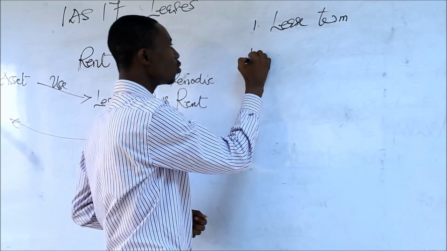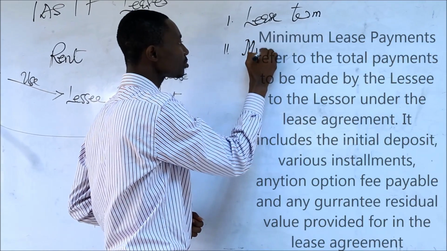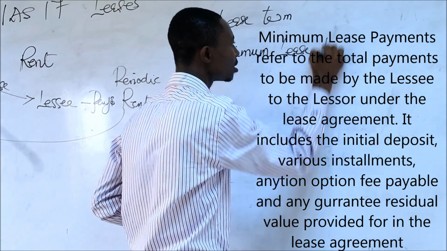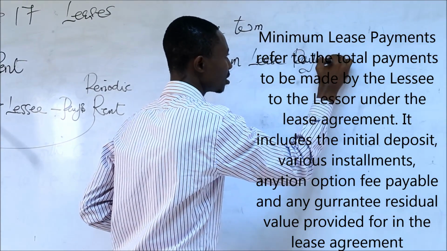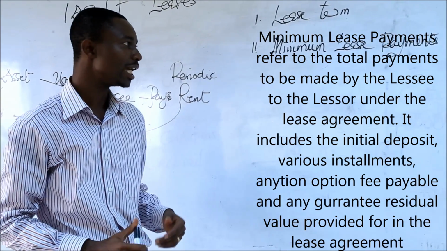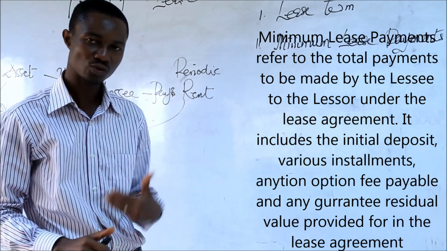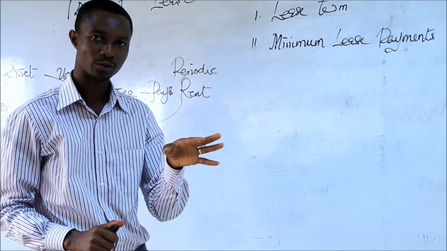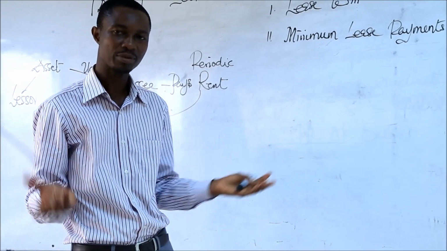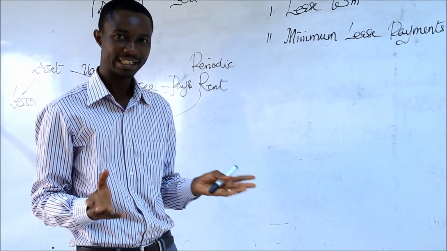There is also what we call the minimum lease payments. Now the way leases work, normally the lessee is going to pay periodic rentals to the lessor, right? So the minimum lease payment basically has to do with the total payments that will be made under the lease.